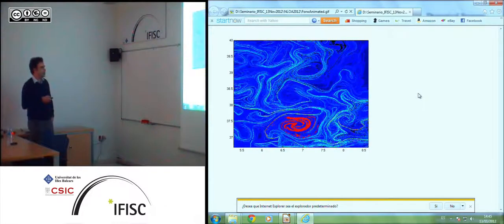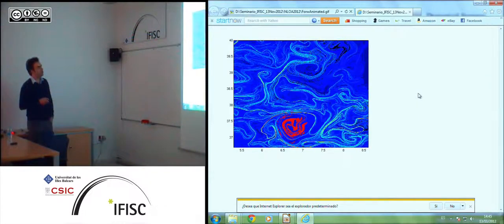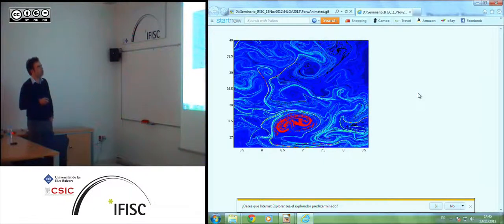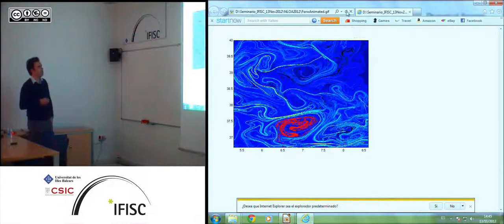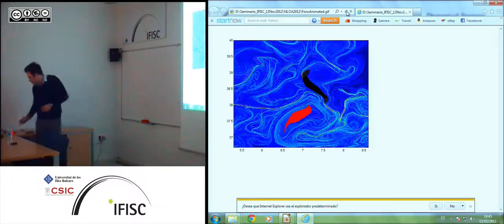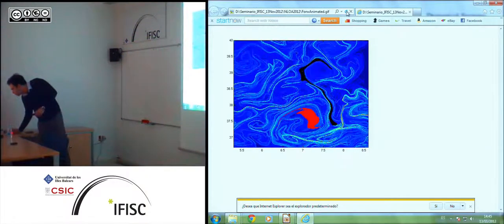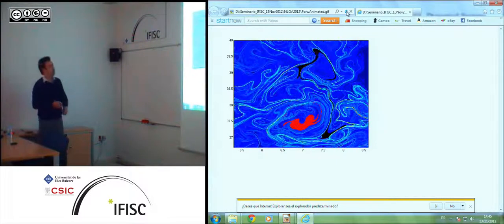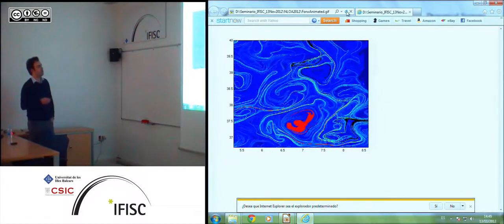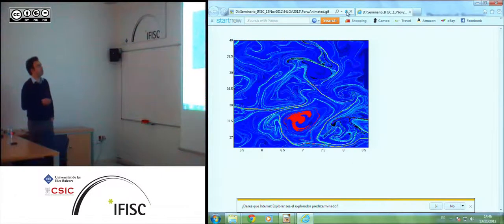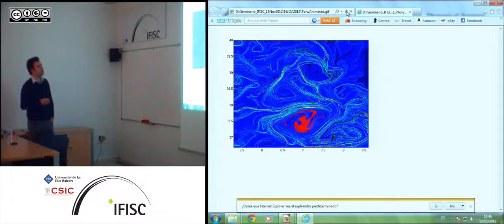Of these two patches, one remains inside this area, and it doesn't mix with the outside. And while, let me just restart, the other one, the black material, is stretched, and eventually it will be transported to most of the space.